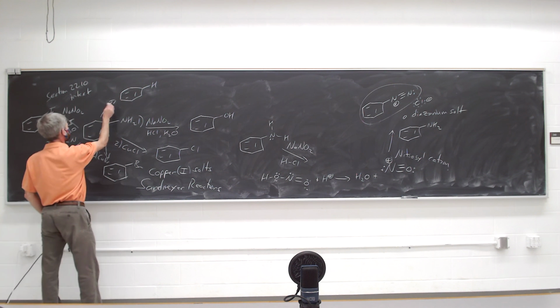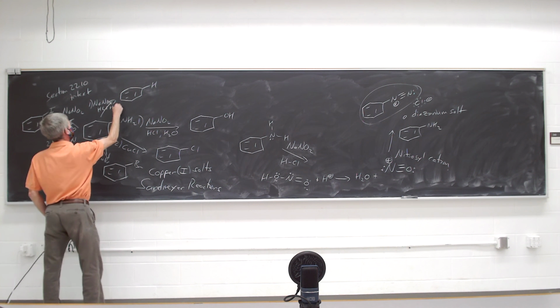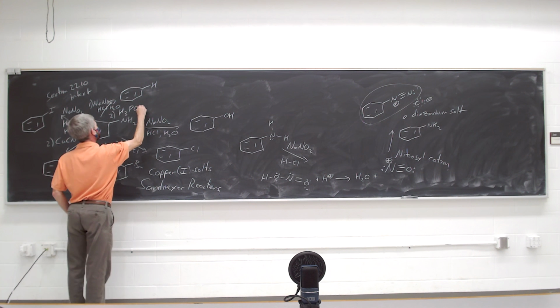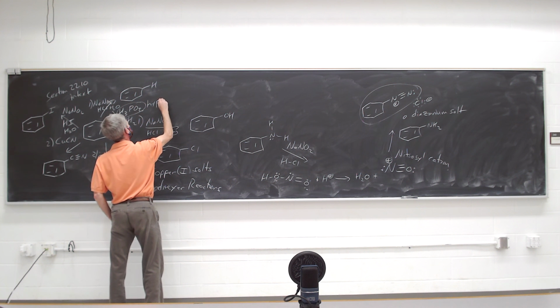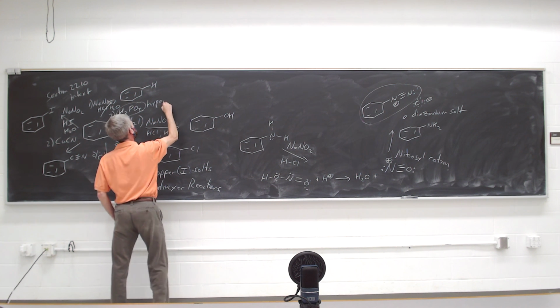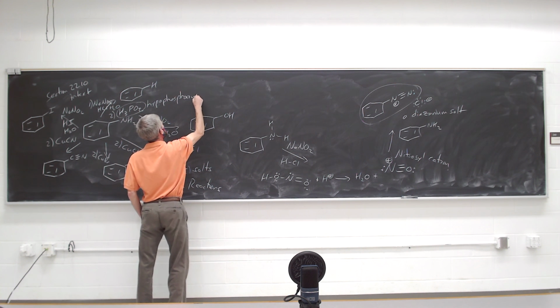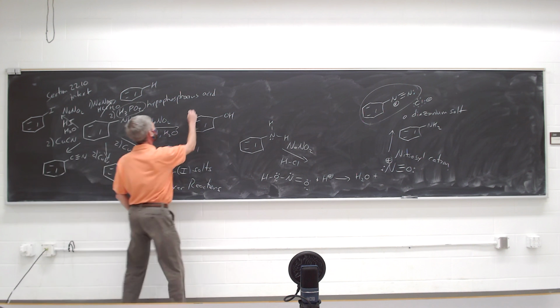And if after reacting it with NaNO2 and HCl and water, you then react it with H3PO2, hypophosphorous acid, that's a reducing acid.